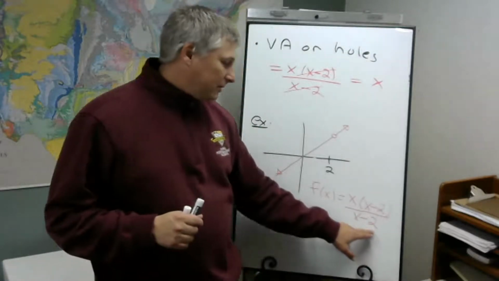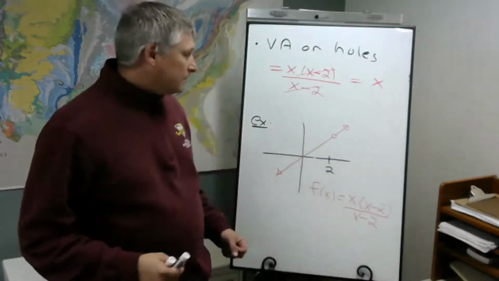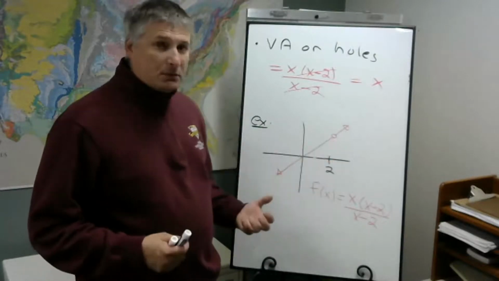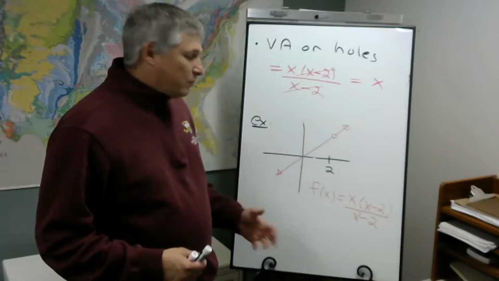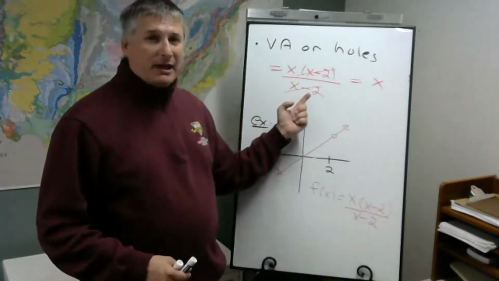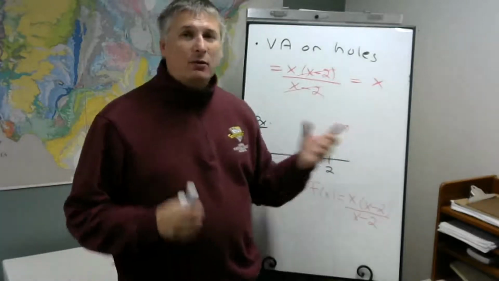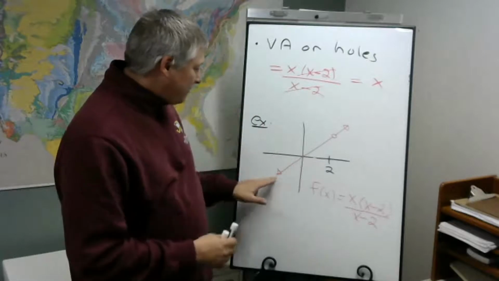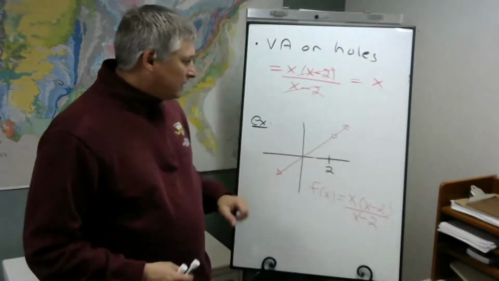And that is 0 when x equals 2. So that means you're going to get a hole here at x equals 2. Now, when we actually graph the function, we go through with the cancellation, and then we graph what's left over after canceling. So that's why we have this y equals x.